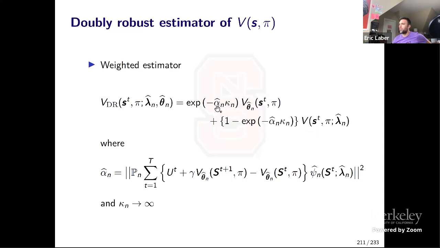Okay. So how do we choose alpha? To choose alpha hat, we're going to set it to be the norm of this estimating function. But now what we put here for the value is the model-based value. So this is an average over the data, but this is our model-based value function. Okay. And this would be psi hat theta hat from the previous slide here.